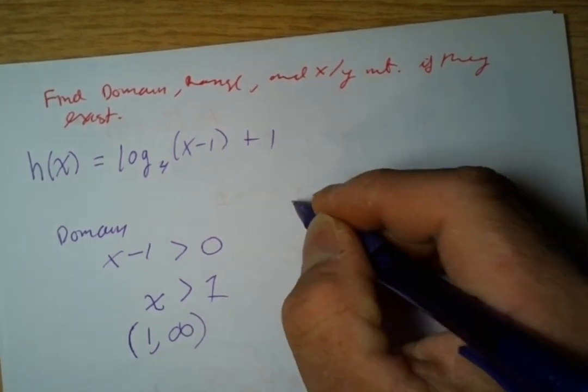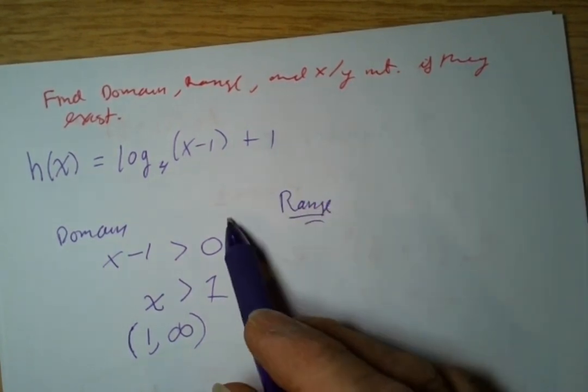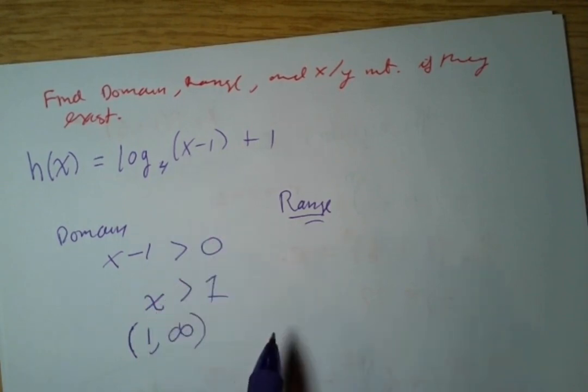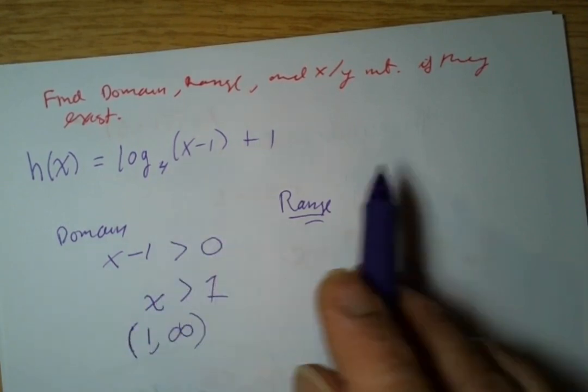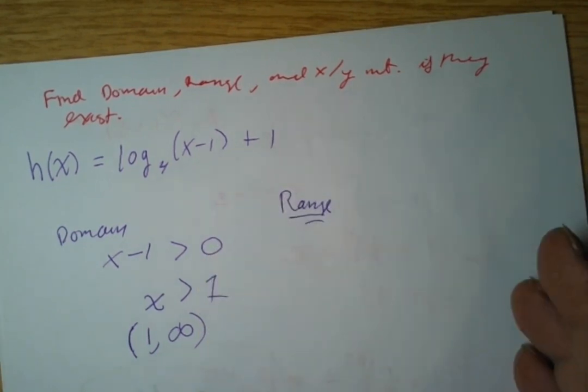Now for our range, here all values would still be attained, even though this shifts it to the right. It'll still be an increasing type function. This plus 1 really doesn't affect the range at all. It shifts it up, but we know that it attains all the values.